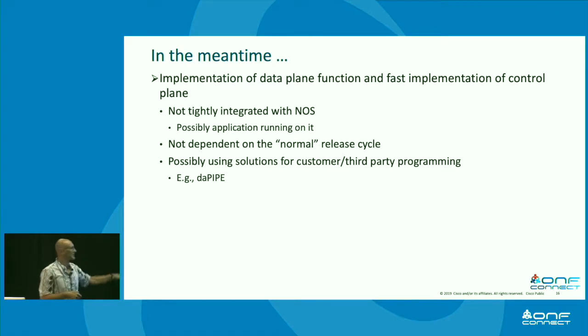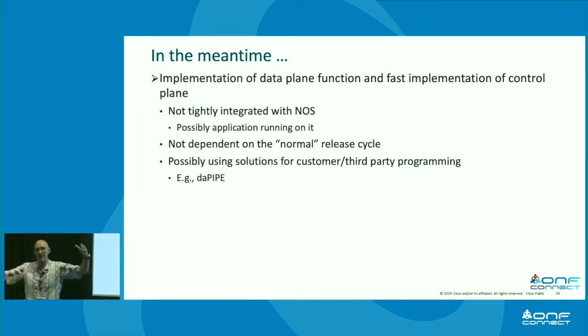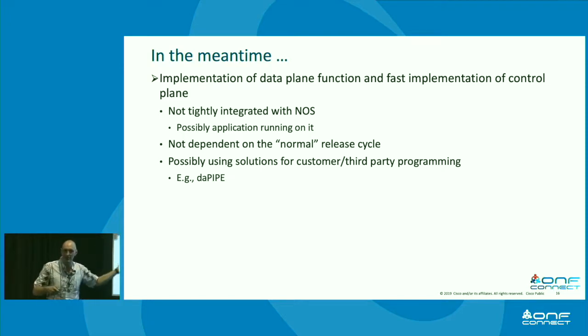And in a little while, I'm going to tell you about a tool that we have developed, which is called the pipe, which enables a third party to add features to a Cisco Nexus switch. Now, this same tool can be used by the vendor. As the vendor is still using the old process, the long and slow process, they can use this tool or a similar tool to implement some features quickly and independently of the slow process.